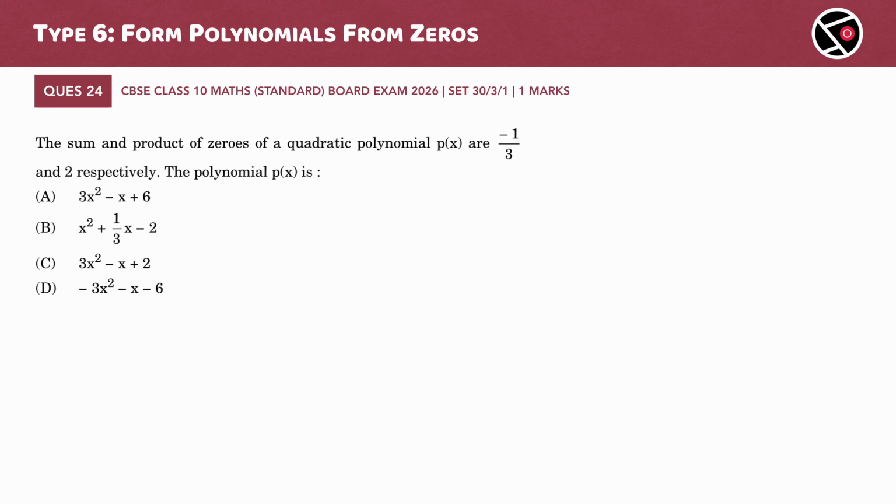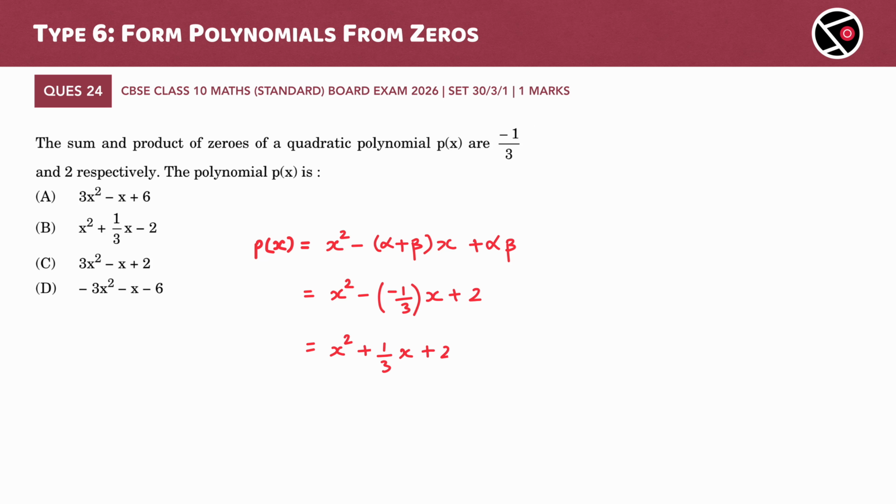We have the sum and product of the zeros. So our polynomial p(x) is x square minus (alpha plus beta) x plus alpha beta. Sum is minus 1 over 3 and product is 2. We have x square minus (minus 1 over 3) x plus 2, or x square plus 1 over 3 x plus 2.